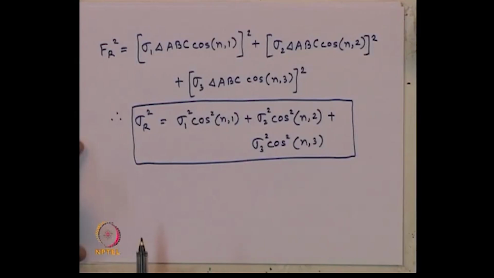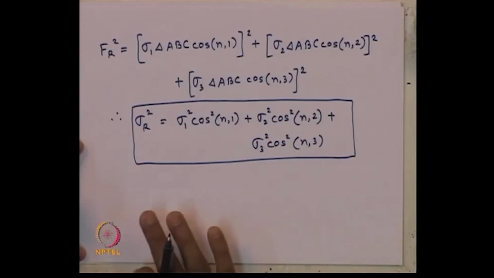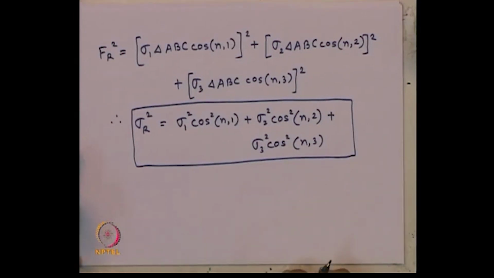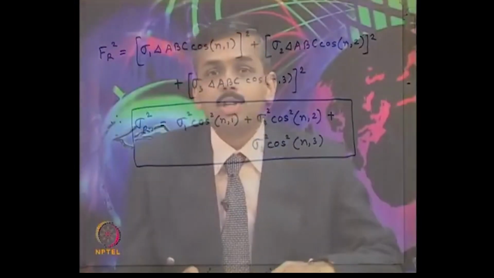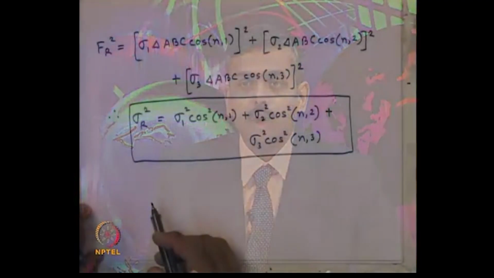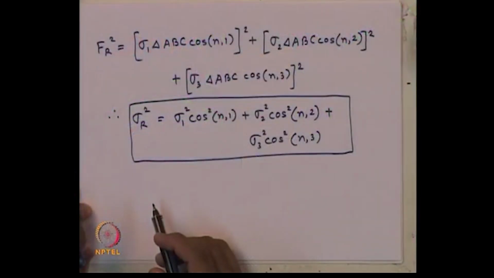Now, how to represent these 3D stresses in the form of a 2D Mohr circle? That is, we are now representing 3 dimensional stresses in 2 dimensional form. How to do that? Let us see. The third relation which must follow is the cosine rule of angles. What is that?